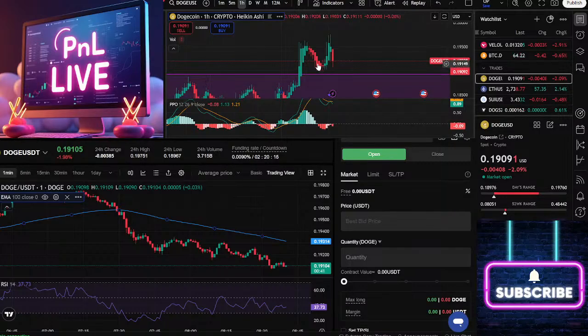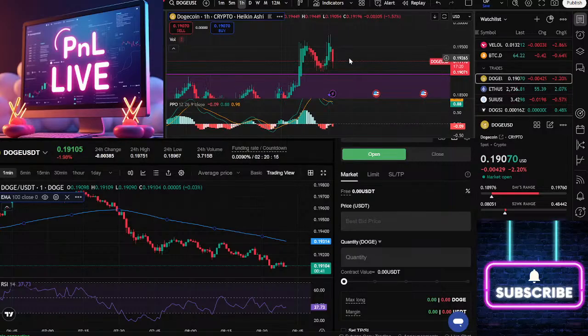It's bigger than all of these wicks. So there's a huge reversal right here. That would have been a perfect time to get in. And that was what, a few hours ago. And that would have been sweet to get in if I had been moving around and actually trading.